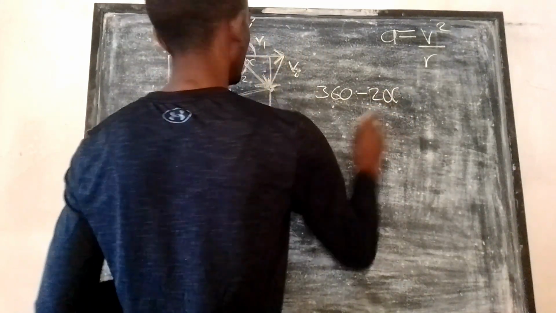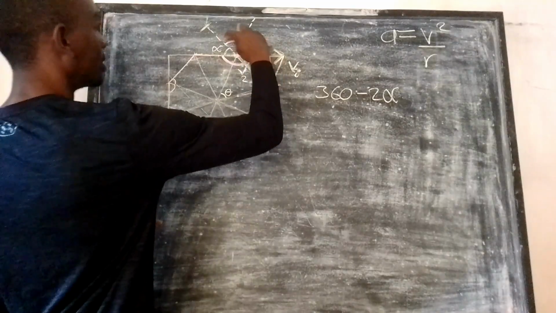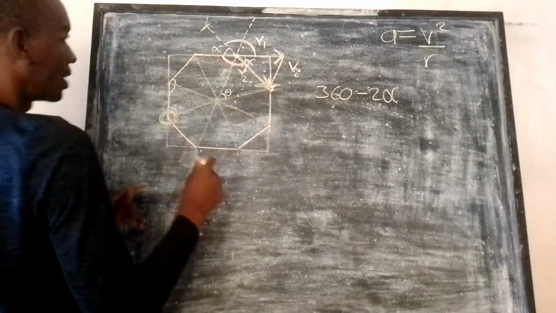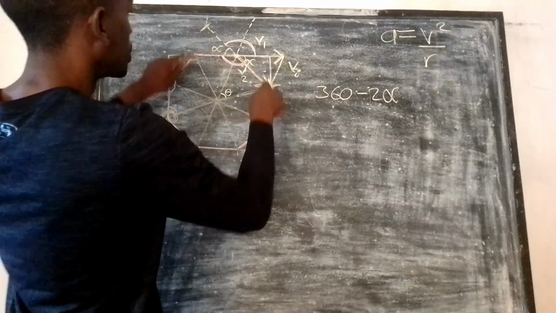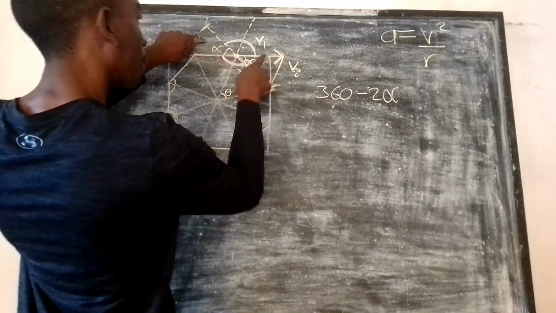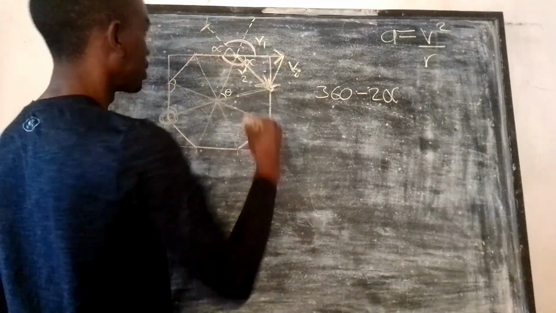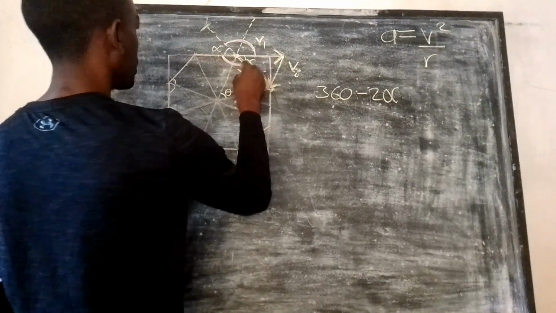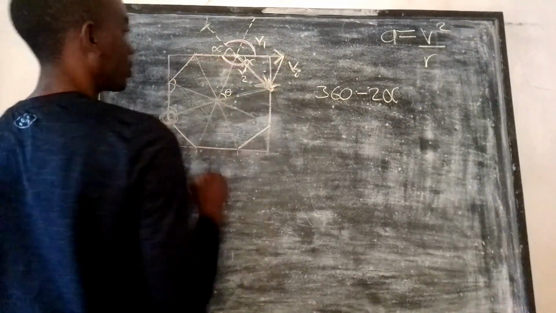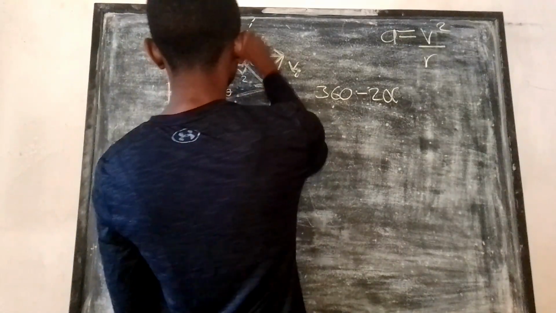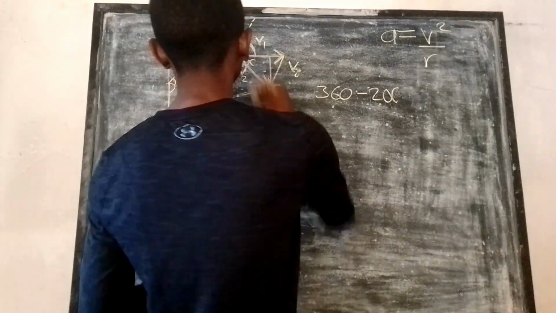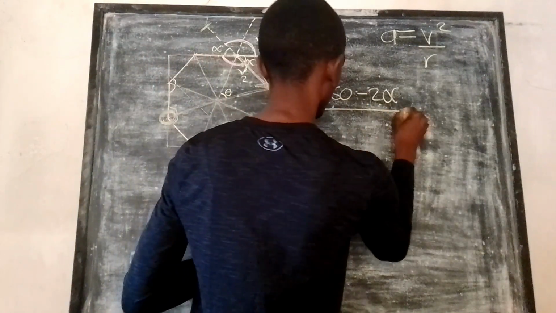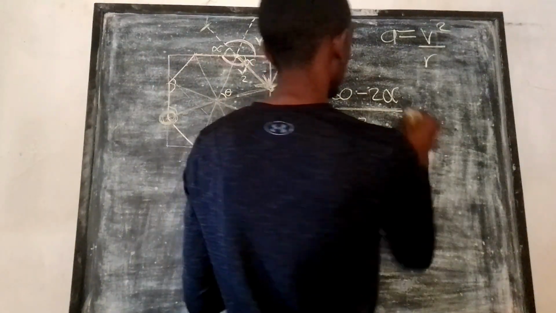So 360 minus 2 alpha is equal to this entire angle plus this entire angle, that is 360 with the exclusion of alpha plus alpha. However, in order to get this angle over here or this angle over here, remember that the two are equal. In order to get this, what we have to do is simply divide by 2.